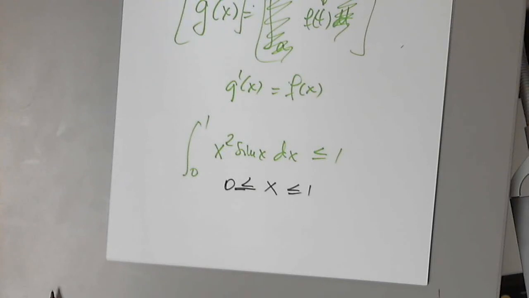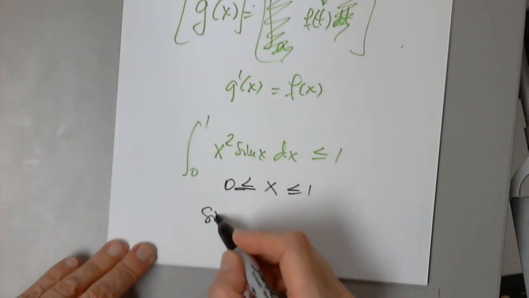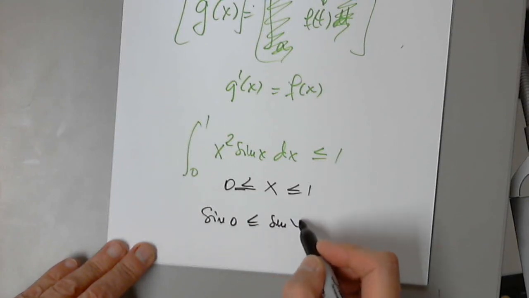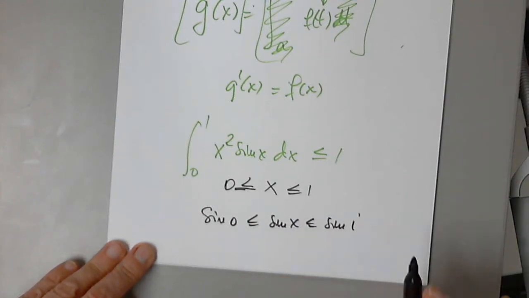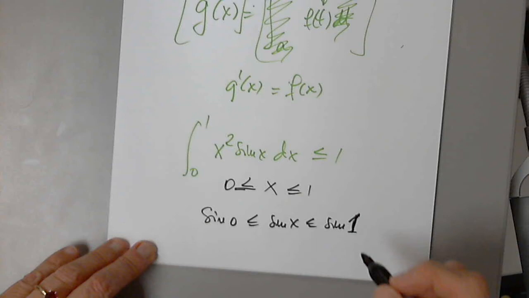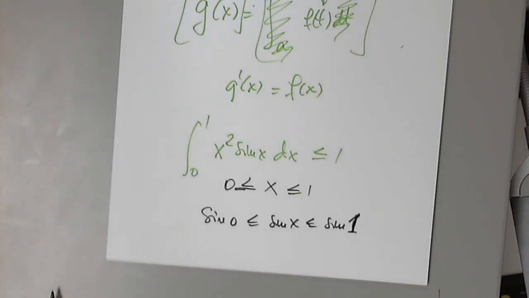Increasing. Because if it is increasing, when I apply sine to all sides, I keep the same inequality symbol. If the function is not increasing, then I have to switch the inequality symbols, but not for sine.